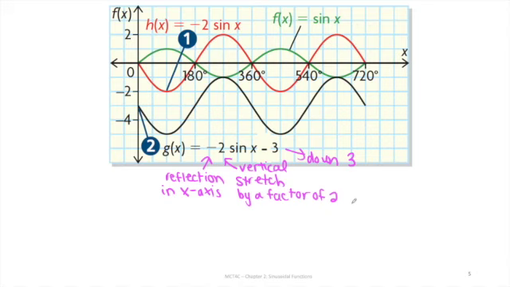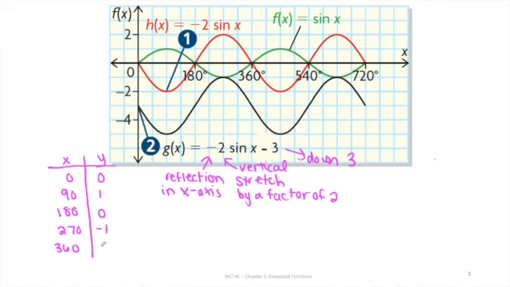Okay, so when you do that, we're going to set up our table of values. Again, write out your original. Doing your reflection is what you're going to want to do first.